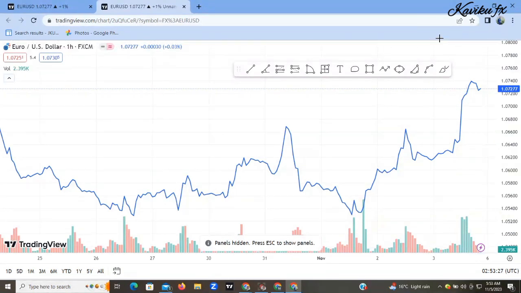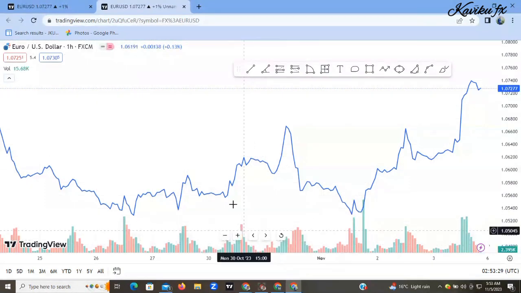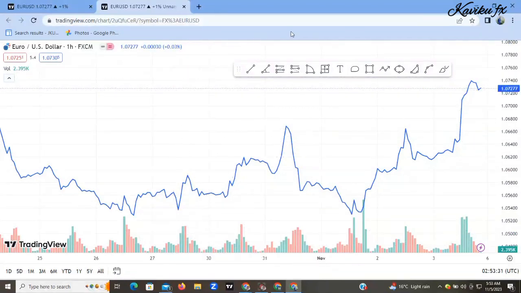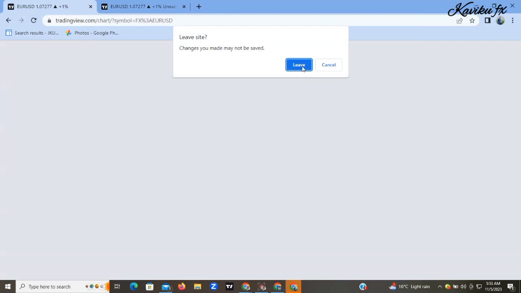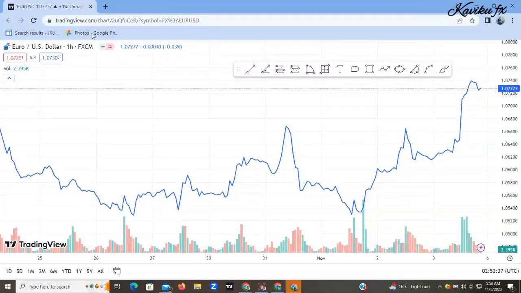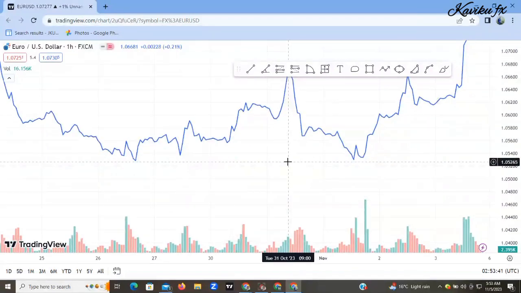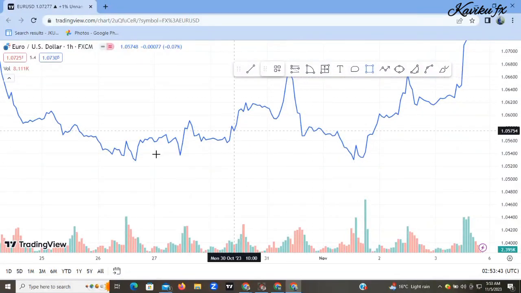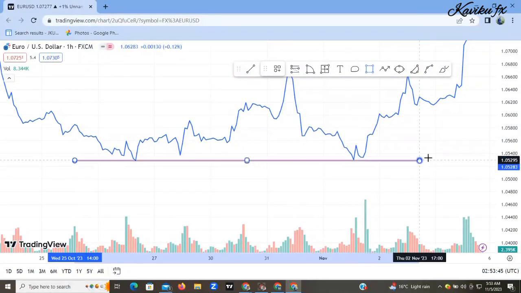Pullbacks usually last for a few trading sessions, while a reversal can signify a complete change in the market sentiment. A pullback is the same as a retracement in the sense that a retracement is a minor pullback or change in the direction of a financial instrument such as a stock index.